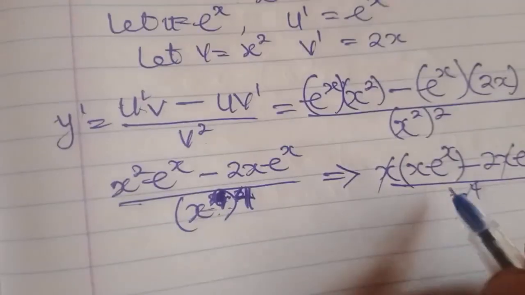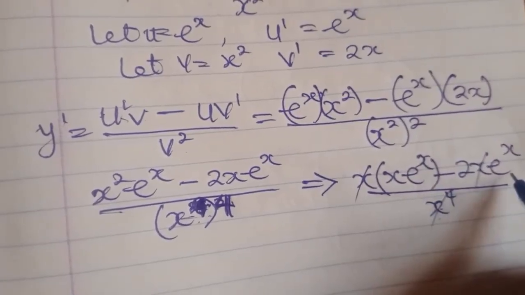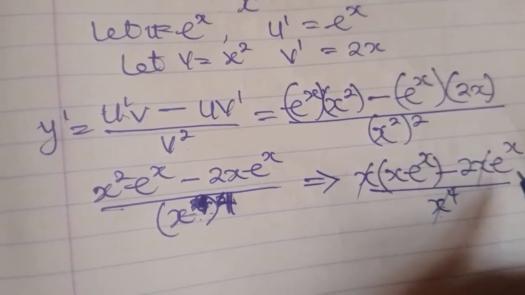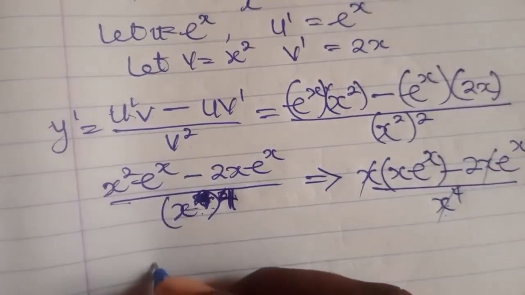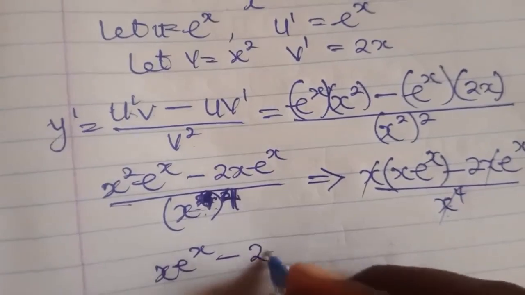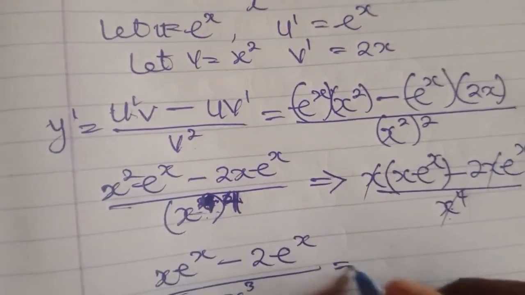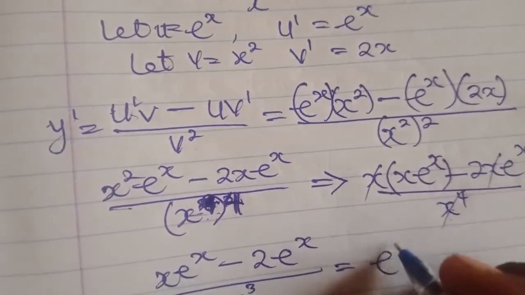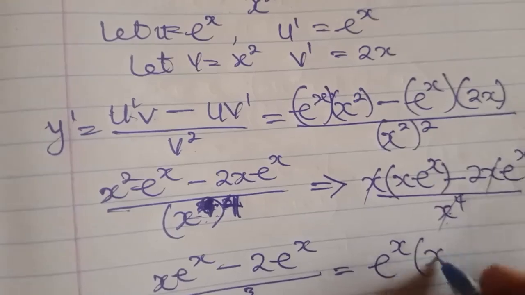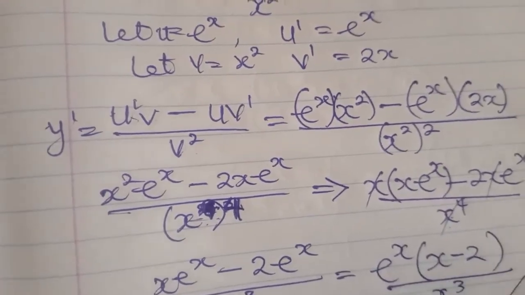Seeing here e^x is here, e^x is also here, we can also factor out e^x again. Let's rewrite what is remaining: e^x times x minus 2x over x^3. We can factor out e^x and say e^x times x minus 2, all over x^3.